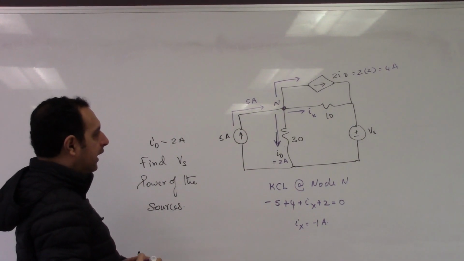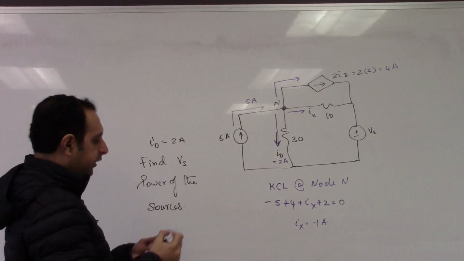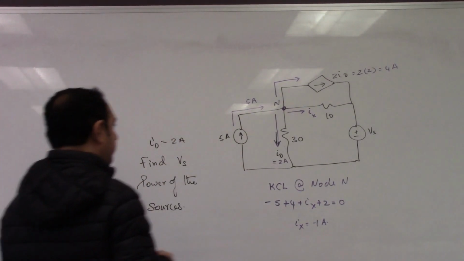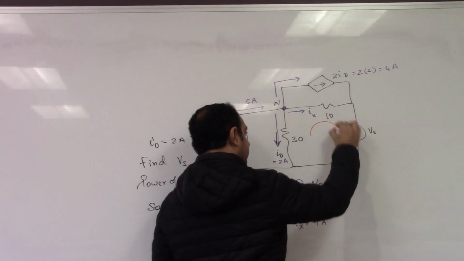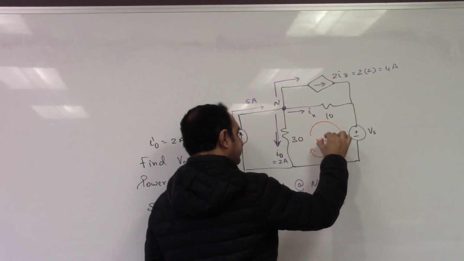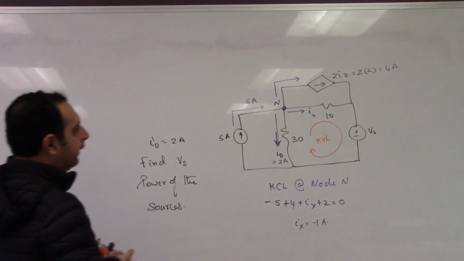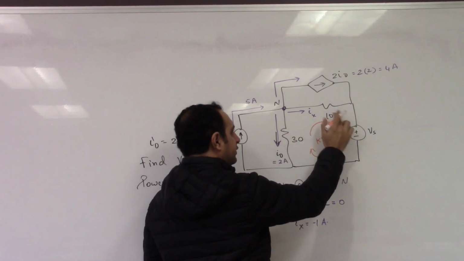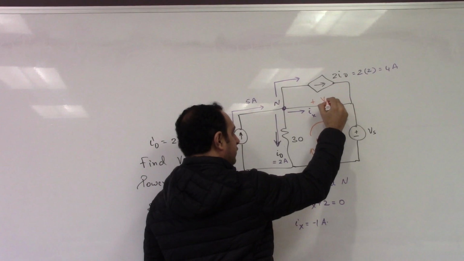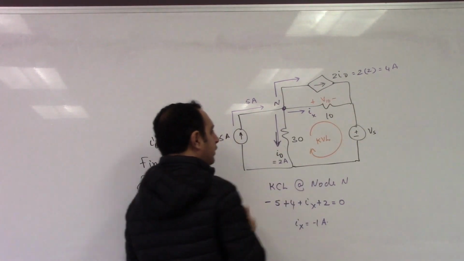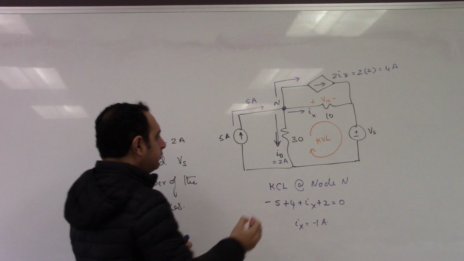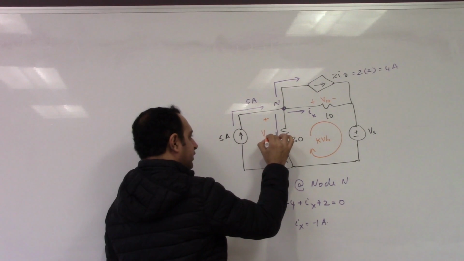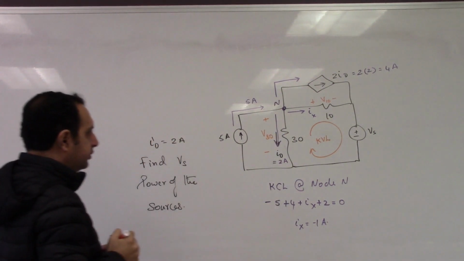So once we know Ix, what we can do is find Vs. To find Vs, we'll go here and do a KVL in this loop. Since the current flows from this end to this end, this will be the voltage across it. We'll call this V10, the voltage across the 10 ohms. Here, current flows downwards, so we'll call this V30, which is the voltage across the 30 ohms.